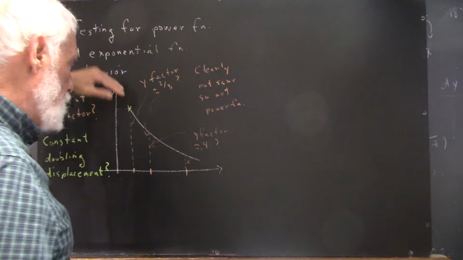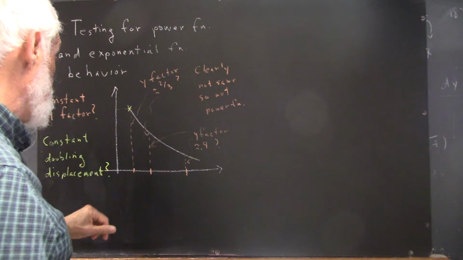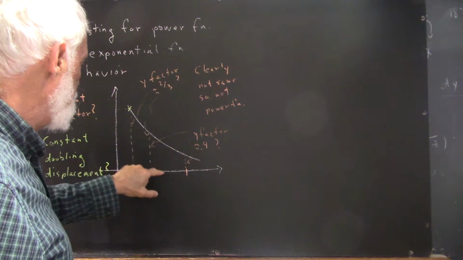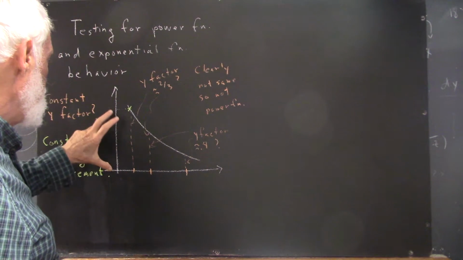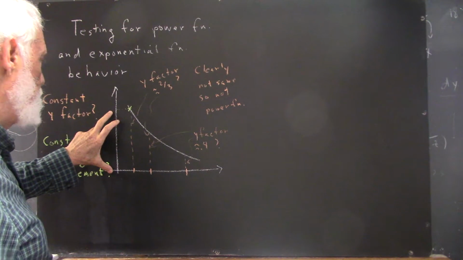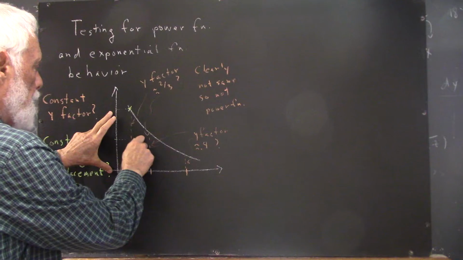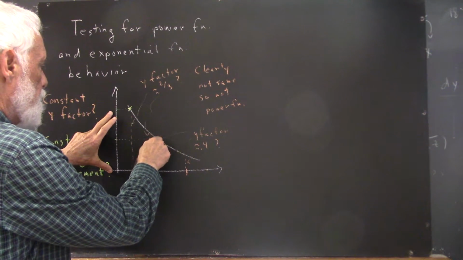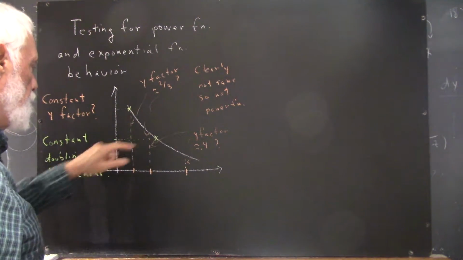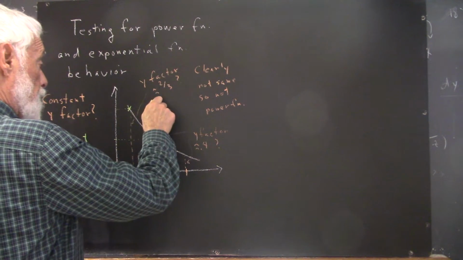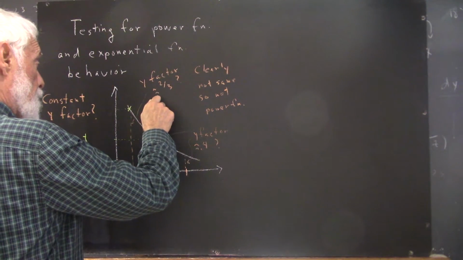The y value is decreasing as we go out here, so to find a doubling displacement, we'll have to go from a point out here to a point here. So this y value is halved about here. Between this point and this point, it appears that the y value more or less doubles, assuming I've made a good estimate.